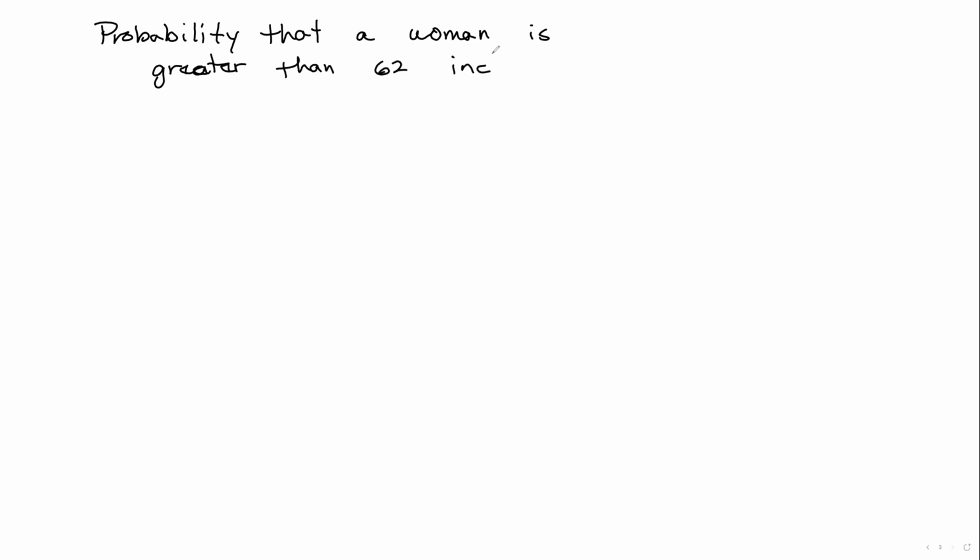Okay, so let's say you want to find the probability that a woman is greater than 62 inches. How do you sketch that? You want to start off by drawing some coordinate axes.